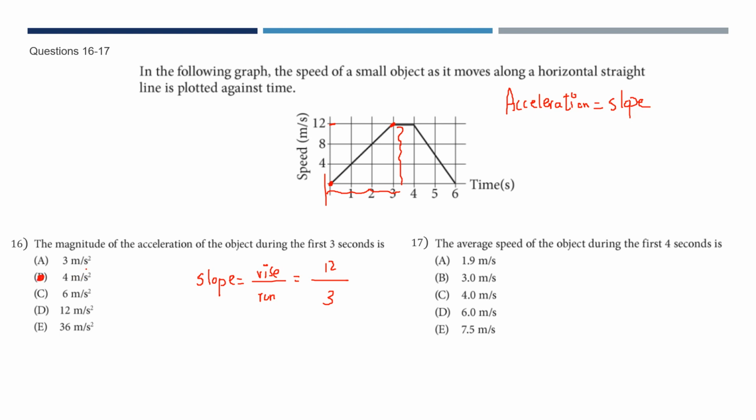For question 17, the average speed of the object during the first 4 seconds. Can you remember the rule of the average speed? Average speed is the total distance over the total time.